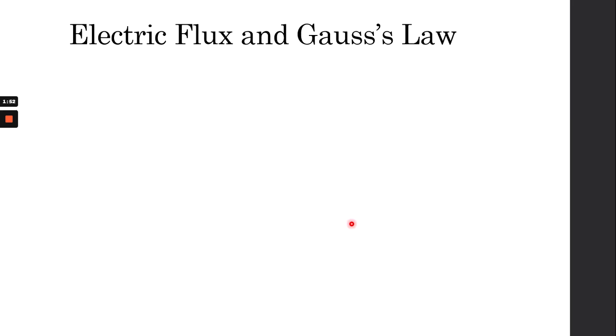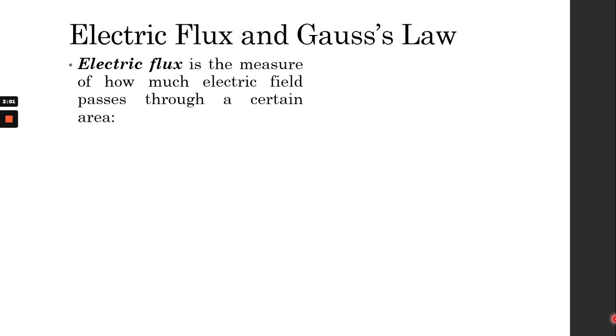So let's begin by identifying the difference between just the electric flux and Gauss's law. From our previous discussion in lesson 6, we've learned that electric flux is basically the measure of how much electric field passes or flows through a certain area.